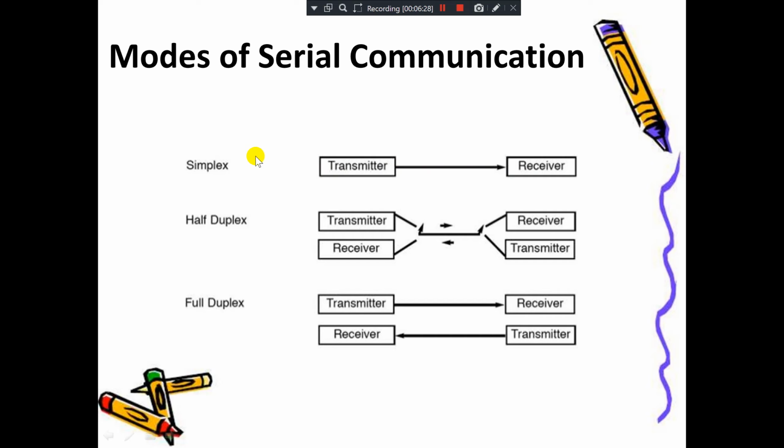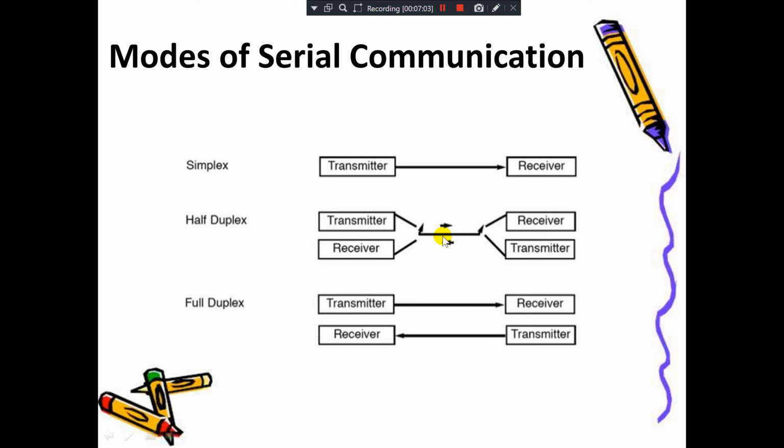So that is simplex communication. In duplex communication, both transmitter and receiver can send data. In half duplex communication, the transmitter and receiver can both send data, but not simultaneously. Once the transmitter is sending, the receiver has to receive. Once the receiver is sending, the transmitter has to wait and receive. In full duplex communication, both transmitter and receiver can send data simultaneously, because you can see there are two wires here.